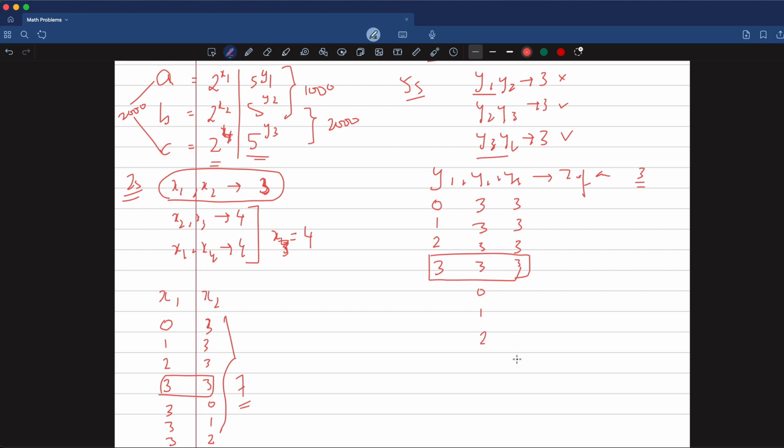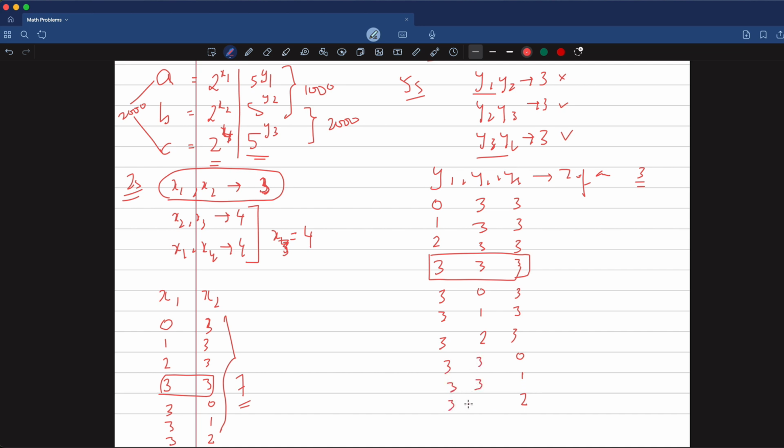It's also possible that y3 could be 0, 1, or 2. But for y2 to be 0, y1 and y3 both need to be 3. And for y3 to be 0, y1 and y2 both need to be 3. So you can think of it as every single number can be 0, 1, 2, which means 3, 3, and 3, and one condition where all of them are 3, which is common, which is 1. Add them up, you get 10.